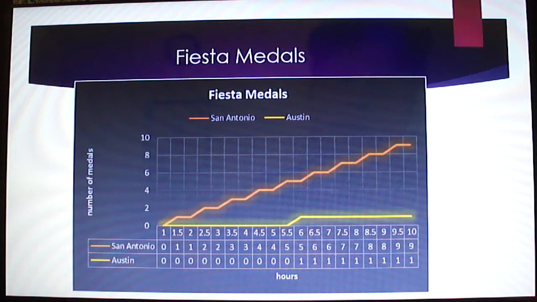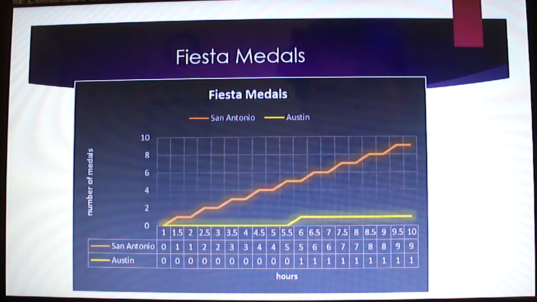Fiesta Medals San Antonio has a minimum purchase of 100 medals, and because of this I had to calculate how long it would take them to make 100 medals using a 10-hour workday and the time frame that it took to fulfill the order, and then break it down into what it would be if they were only producing 25 medals instead. Austin Medals has a minimum order of 25 medals, and the reason I did this was so that I can compare them equally for the project.